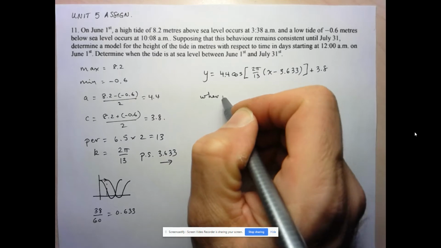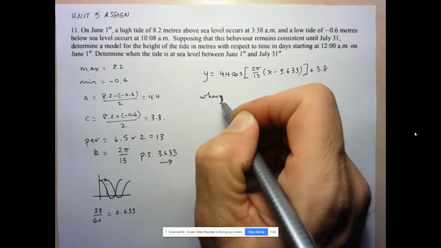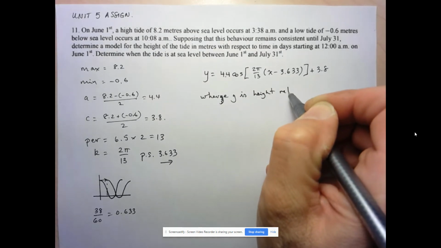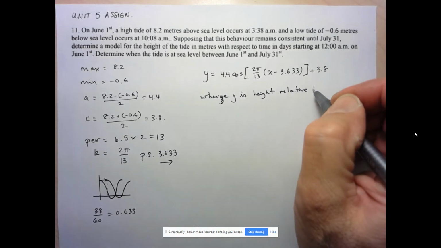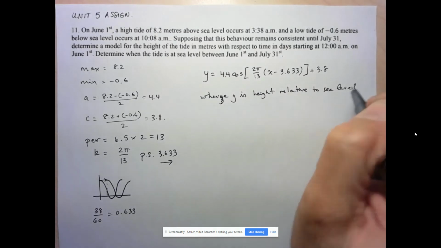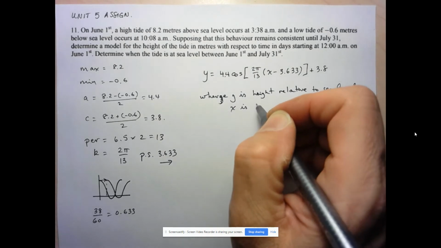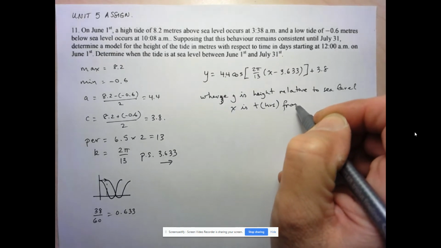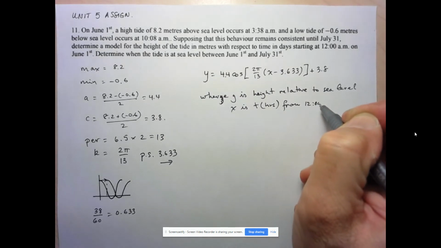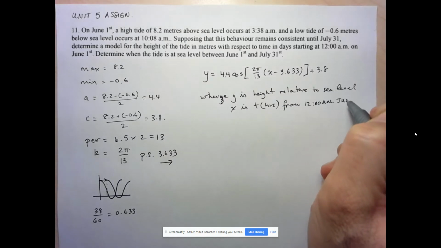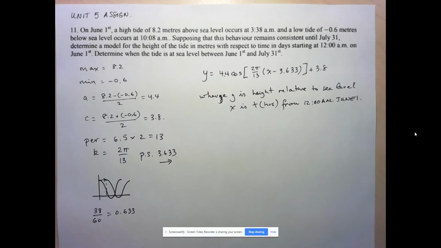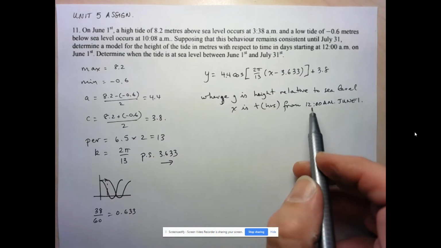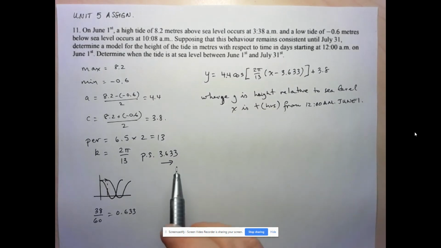Here, y is height relative to sea level, and x is time, in hours, from 12 a.m. June 1st. I need to specify exactly when we're measuring from. So here's our model.